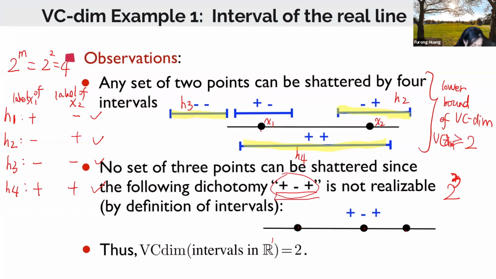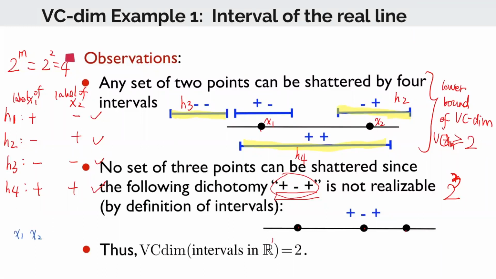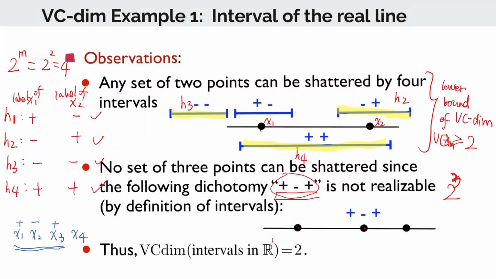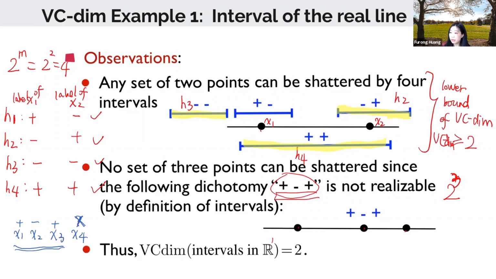So you have x1. Oh, go ahead. So you can just repeat the same set of size 3 you used and add in some arbitrary point. Exactly. For example, you know that with three examples, you cannot shatter plus, minus, plus. So now, no matter what x4 is, you cannot shatter it, right?